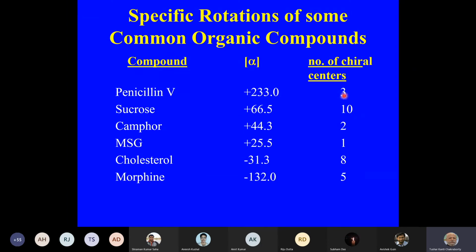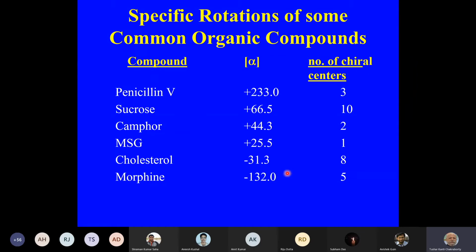It does not depend on how many chiral centers you have in the molecule, because sucrose, for example, the sugar that you take all the time, has 10 chiral centers, but it has a specific rotation less than penicillin. Camphor has 2 chiral centers. Monosodium glutamate has only 1 chiral center. Cholesterol has 8 chiral centers, and its specific rotation is negative, minus. Morphine is minus 132, and so on.